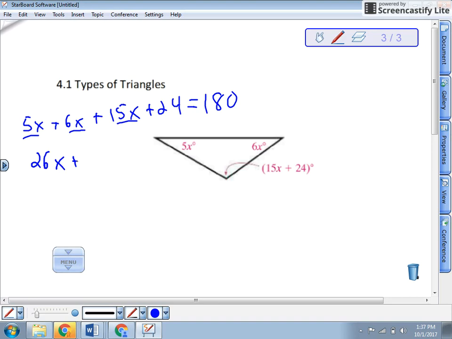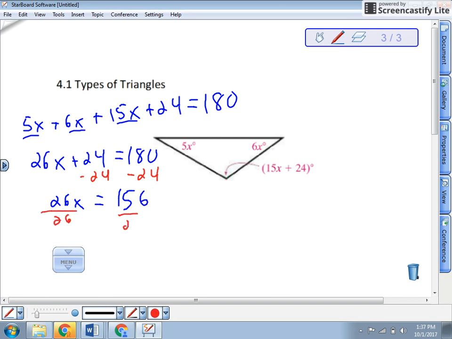I still have the plus 24, and that's equal to 180. Now I subtract 24 from both sides, so 26x equals 156. I think you guys know the steps now. Divide by 26, divide by 26. So x will equal 6. That's all I have to do there. Just add them all up and set them equal to 180. You're going to use that over and over.